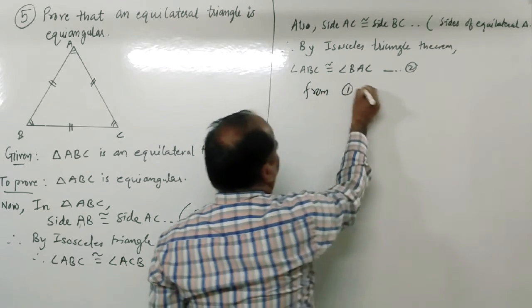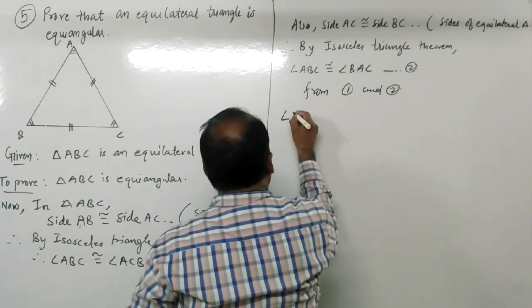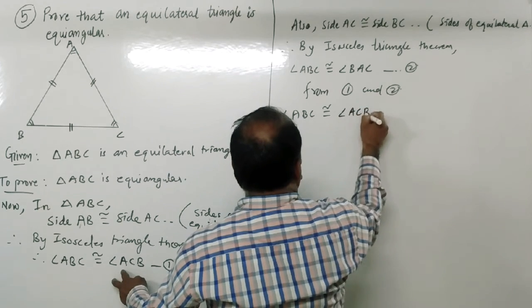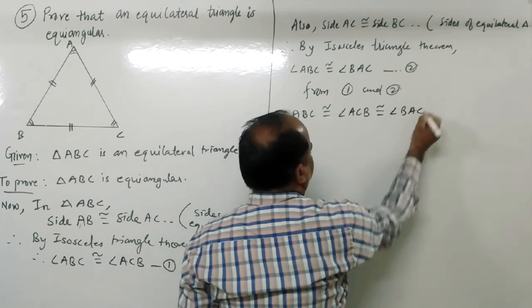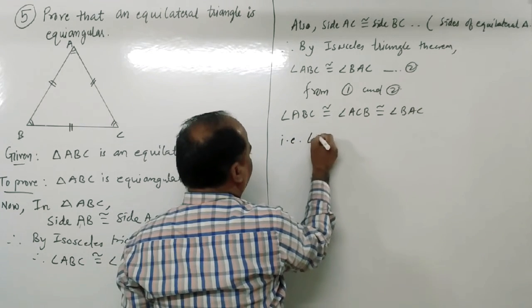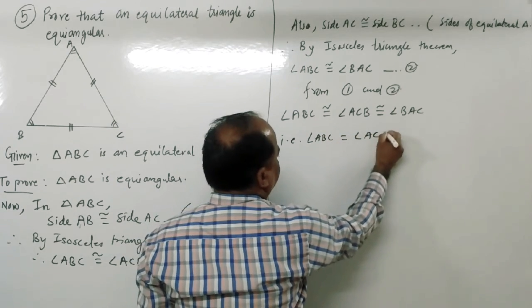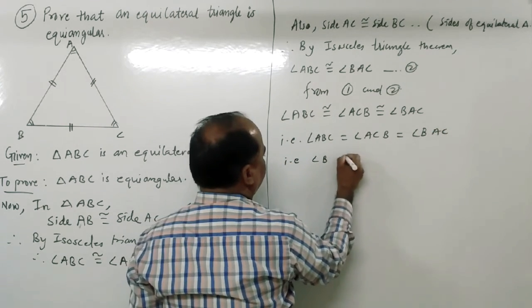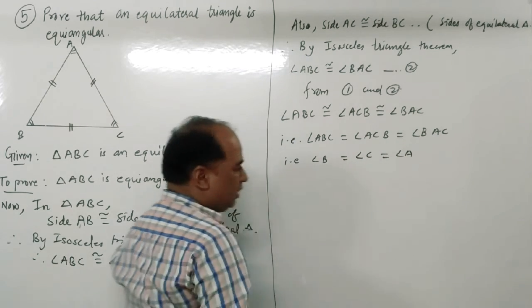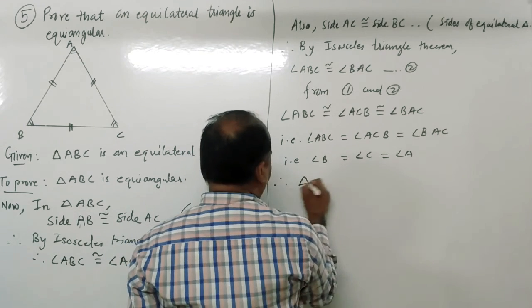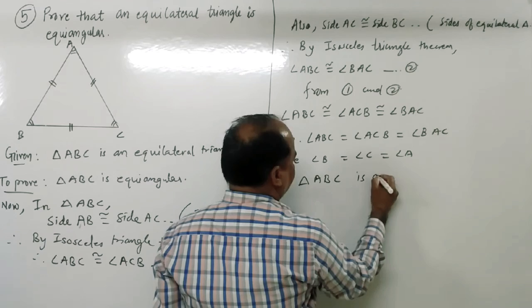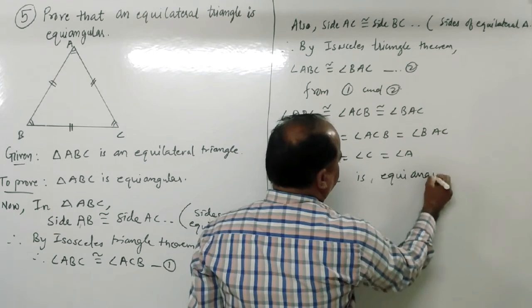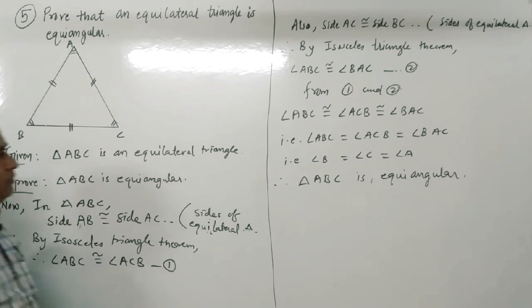So from 1 and 2 we get angle ABC is congruent to angle ACB is congruent to angle BAC, that is angle B is equal to angle C is equal to angle A. Therefore, we have proved that triangle ABC is equiangular. Hence we have proved it.